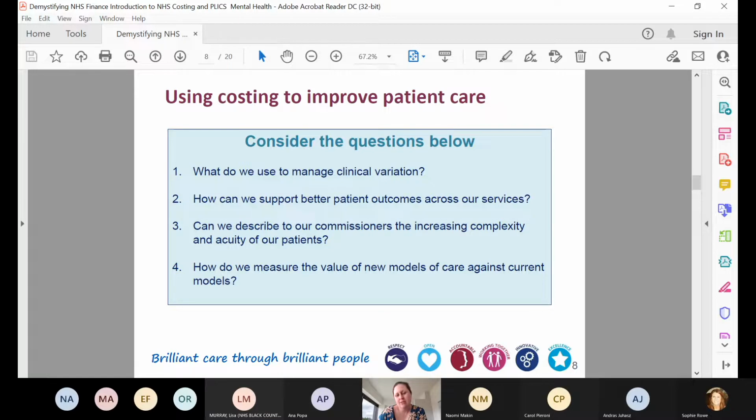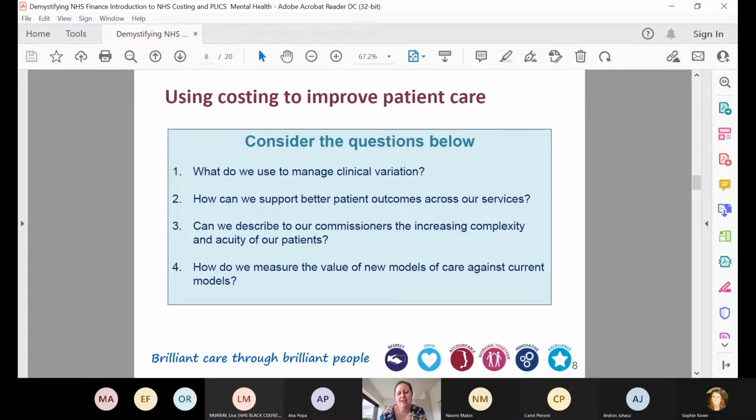So we could work with them to say, currently you produce 8 letters, it takes 2 hours, and this is how much we spend. Let's model that differently: if we only sent 2 letters, taking 30 minutes, and it was done electronically. So we can start to think differently about using the data we have access to, to work with clinicians to model solutions that ultimately are better for patients.